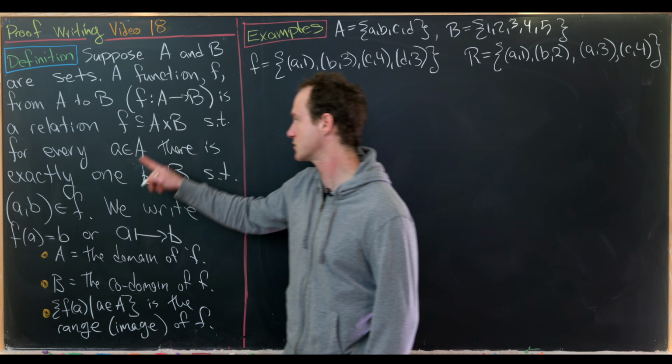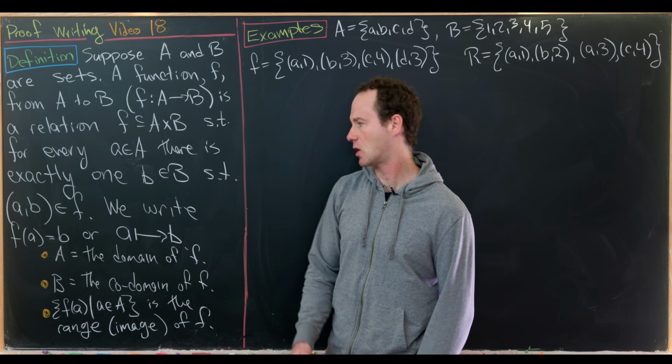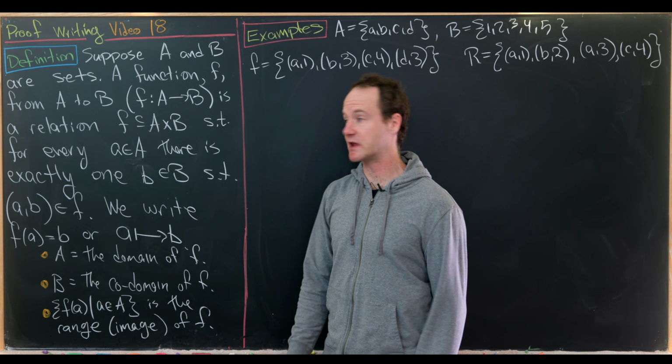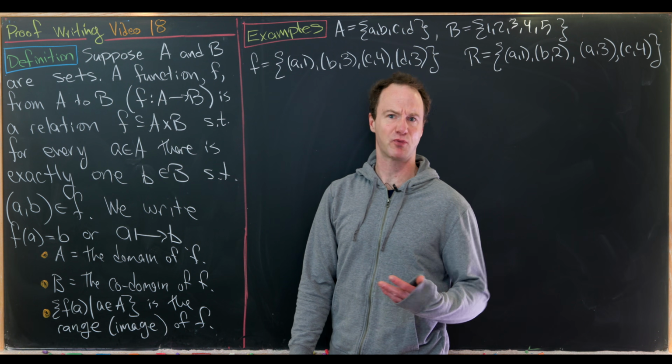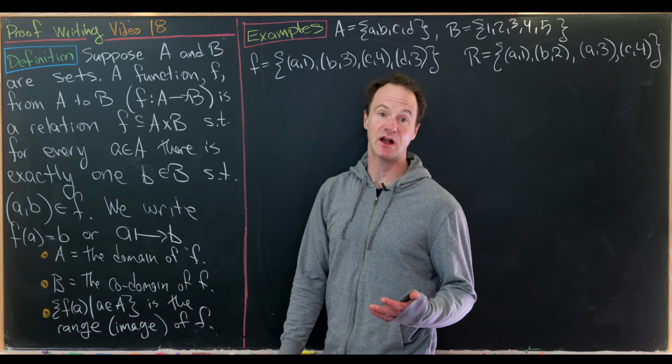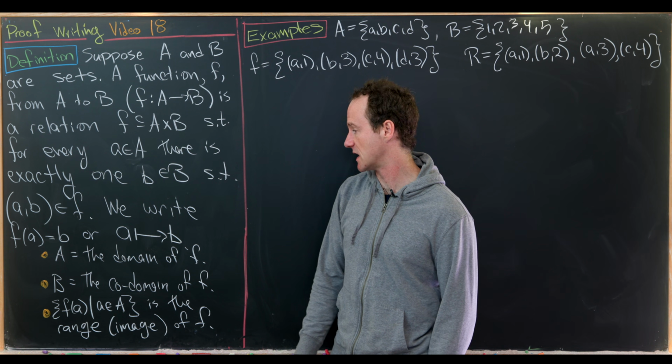Remember that f is really just a subset of A cross B at its heart. And so generally we'll write f of a equals b. That's proper, very common function notation that you know from pre-calculus or calculus class.